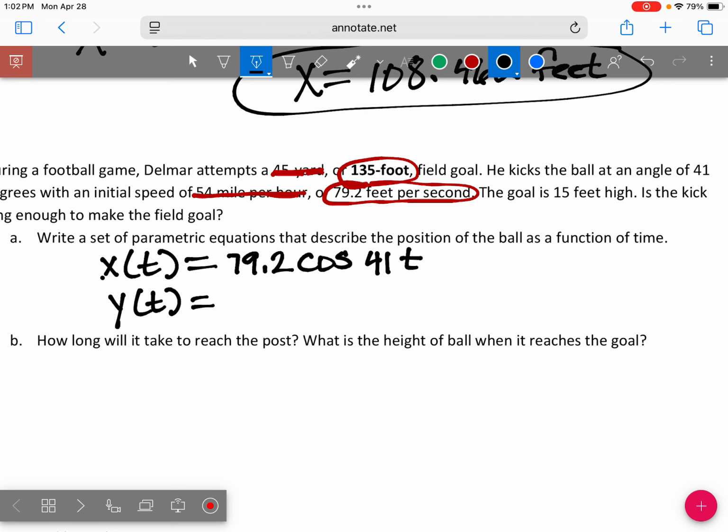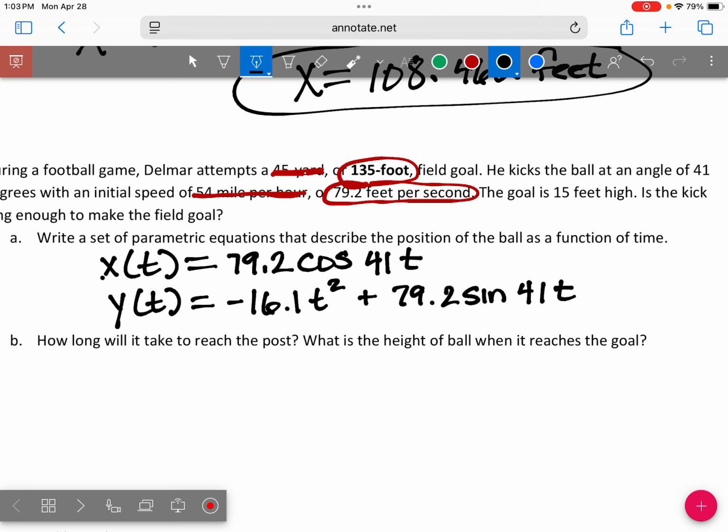So if you take 32.2 times negative 1/2, that would be negative 16.1 t squared plus 79.2 sine of t. Oh, sorry, I missed something. Sine 41. Can't leave out the angle of t. And our initial height again is 0 because when you kick the ball, it's on the ground. So there we go.